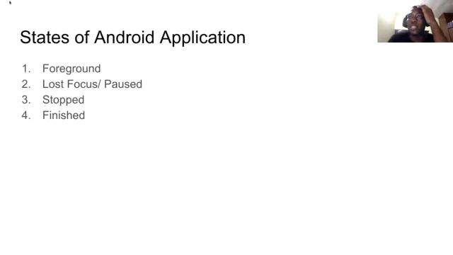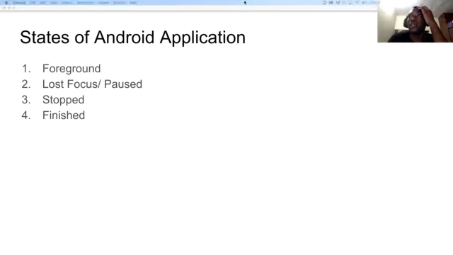But in both states, the application can be easily killed by the system in order for it to recoup the memory that is being used by your application. So it's necessary for us as application developers to understand these states so that when our application gets into any of the states, we can easily handle some of the scenarios. Next, we'll look at the application lifecycle.